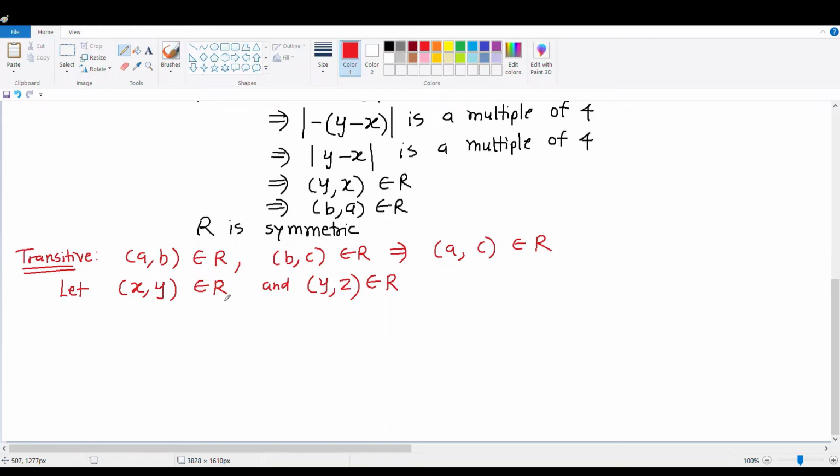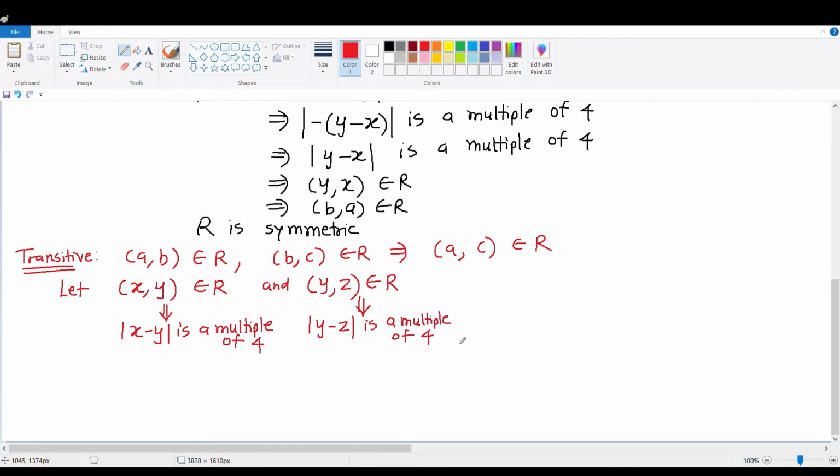If (x, y) belongs to R, that means mod of x minus y is a multiple of 4. And if (y, z) belongs to R, that means mod of y minus z is a multiple of 4, right?